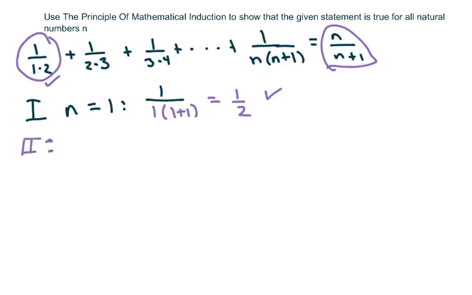Assume it works for k. If it works for k, I'm going to write this statement again, but with k instead of n.